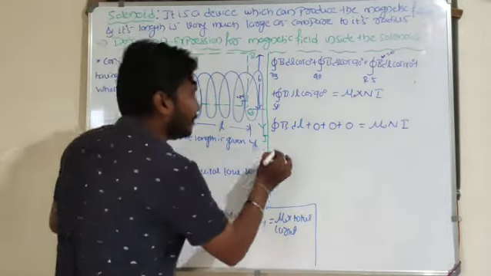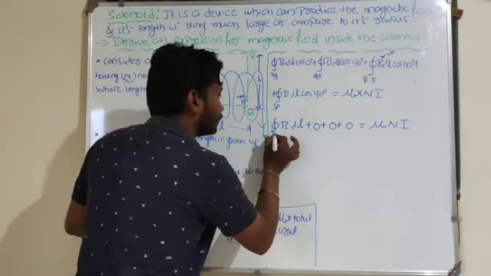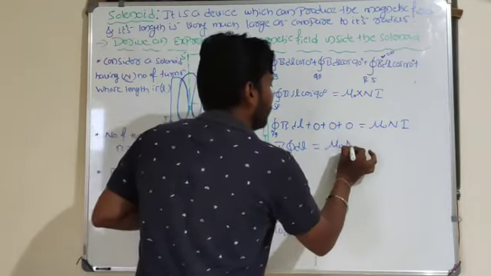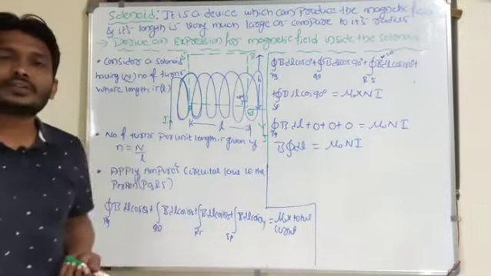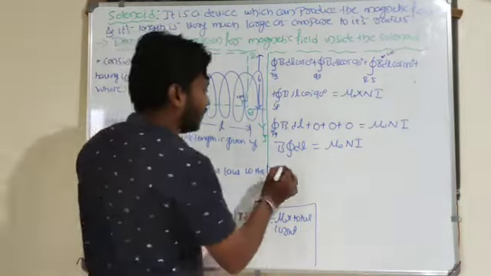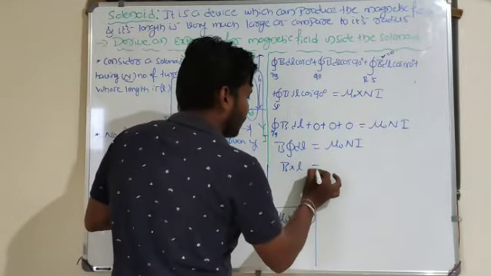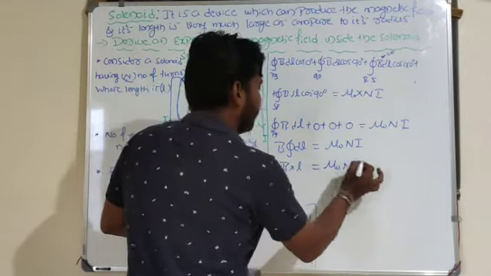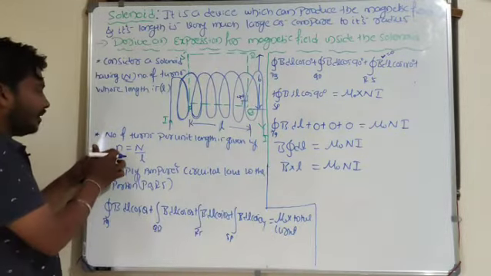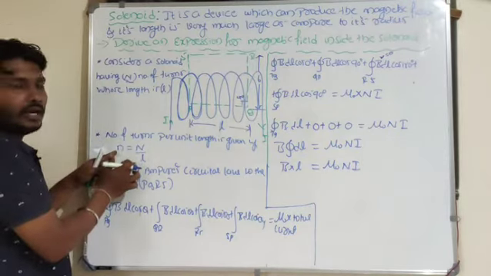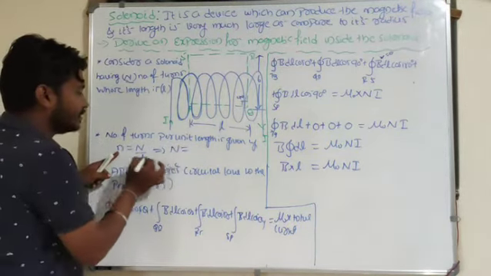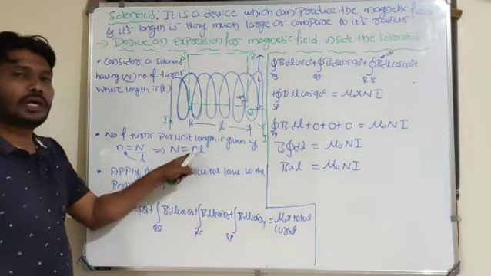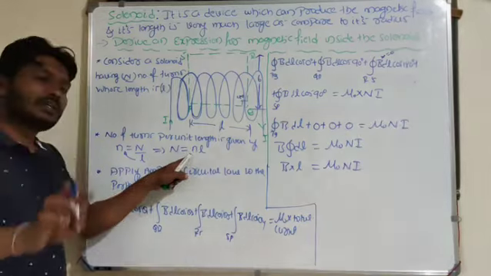Now B into integration of dL is equal to mu naught N into I. Integration of dL is nothing but L. Integration of dx is x, so integration of dL is L. Small n is equal to N by L, whereas capital N is equal to small n into L. Small n indicates the number of turns per unit length.